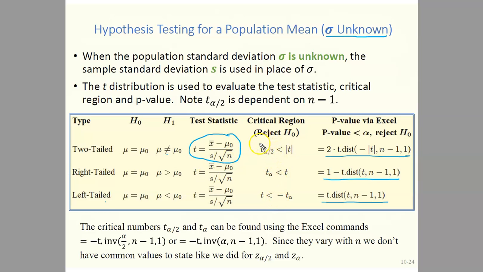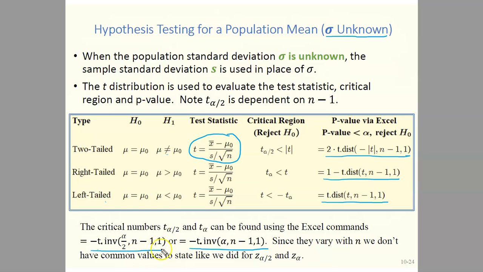The values t alpha over 2, t alpha, and negative t alpha would be determined using the student t-distribution and your significance level alpha, and down here are the commands that you would find for that. Right here and right here.